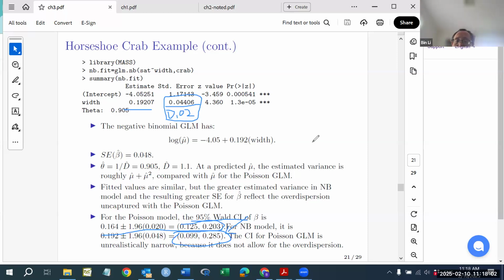And this shows what? For the Poisson GLM, the confidence interval is unrealistically narrow. That is because it does not allow for overdispersion. But if we allow overdispersion in the negative binomial, it is more flexible and the confidence interval is much wider. Okay?